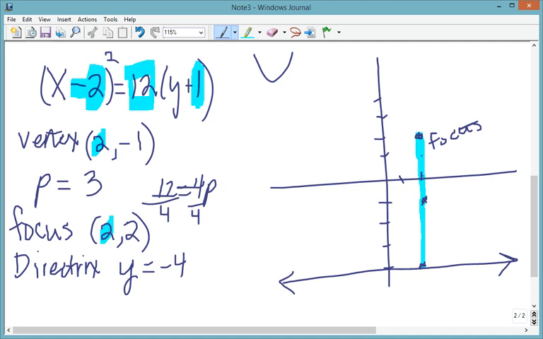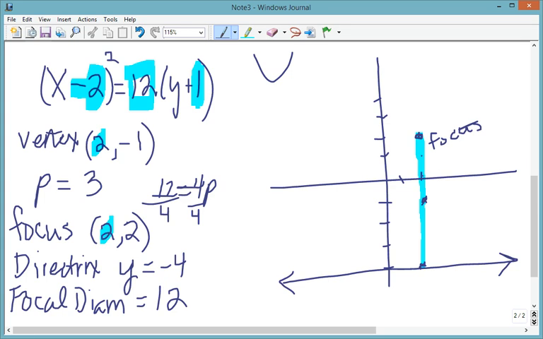The focal diameter is still going to be found the same way. It's still the 4p, and so we can read that right off of our equation. It's 12.